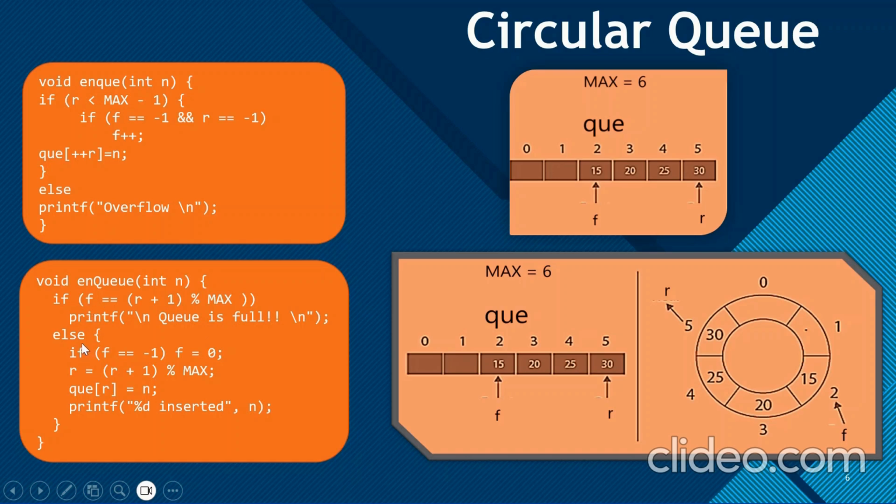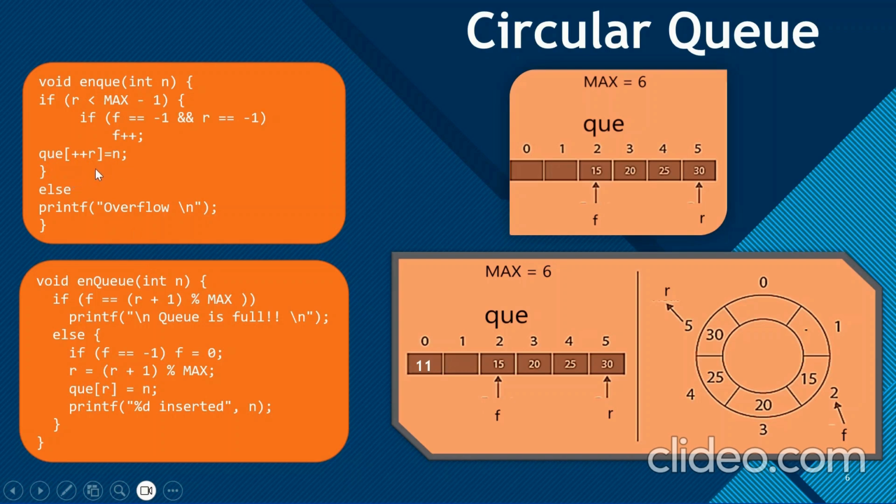So control would go to the else part, and it should insert the value of n into this queue. At what position? If you look here, r is incremented in a different way compared to the ordinary or linear queue.